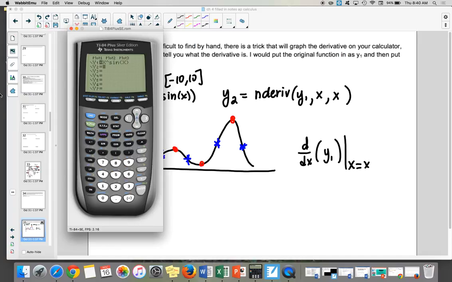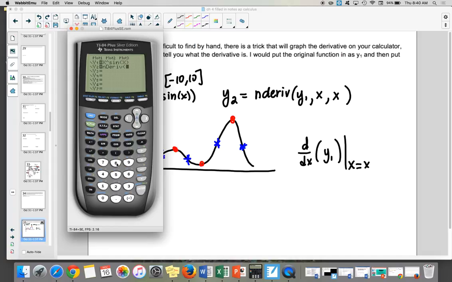Okay, so I'm going to do nderiv, so I'm going to do math 8. And mine pulled up the word nderiv. Yours may not look like that. It may say d over dx, right? And then I want to take the derivative of whatever I put in y1. Okay, so a handy trick that we'll use a lot throughout the year is we're going to pull y1 and put it in this spot.